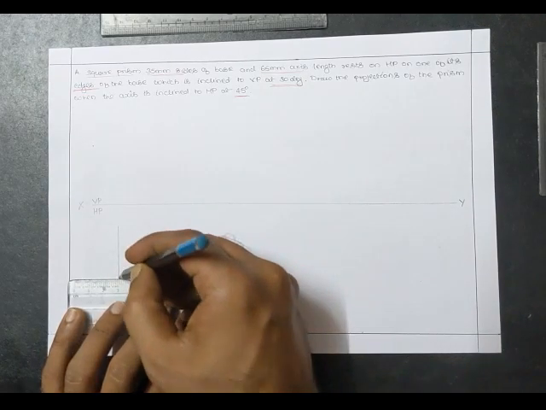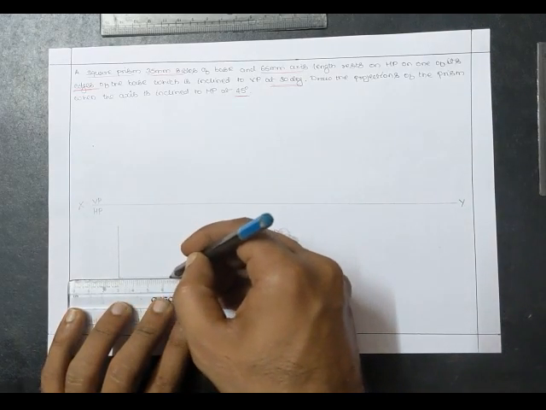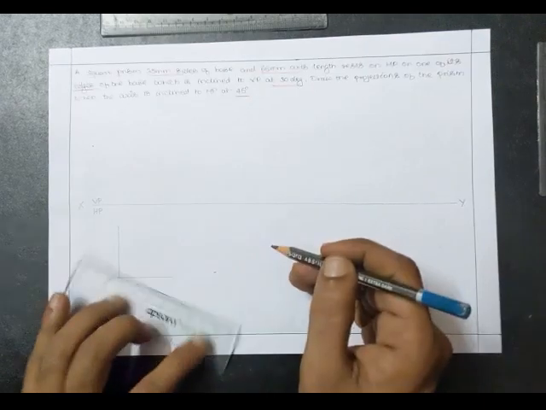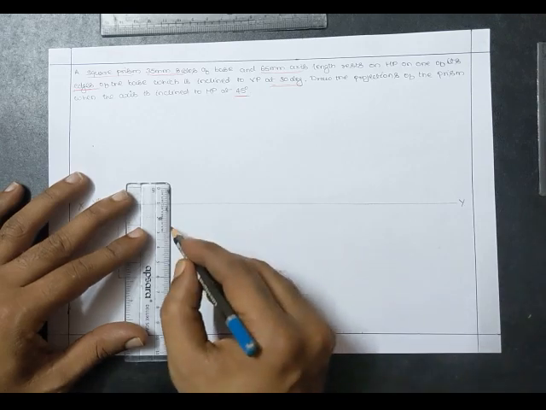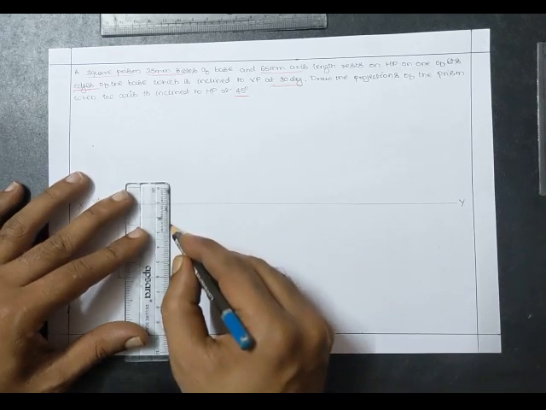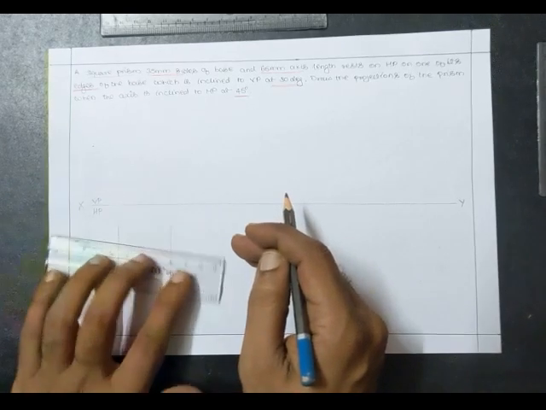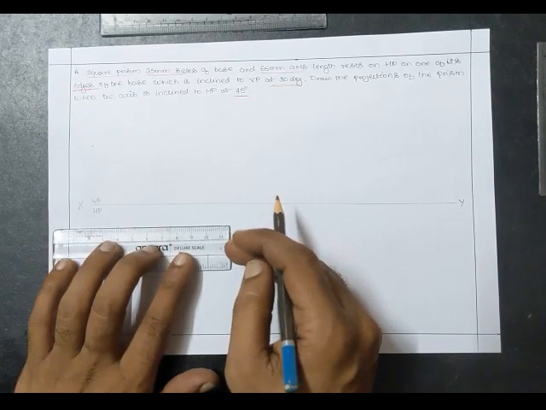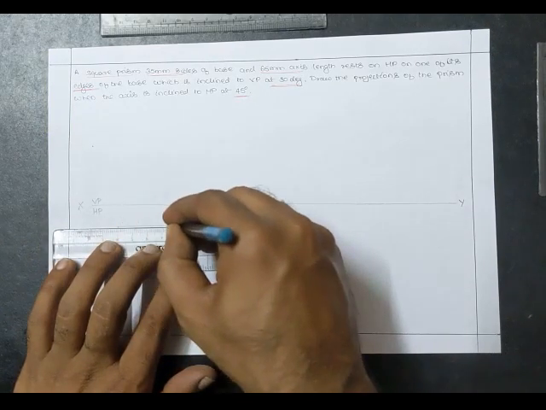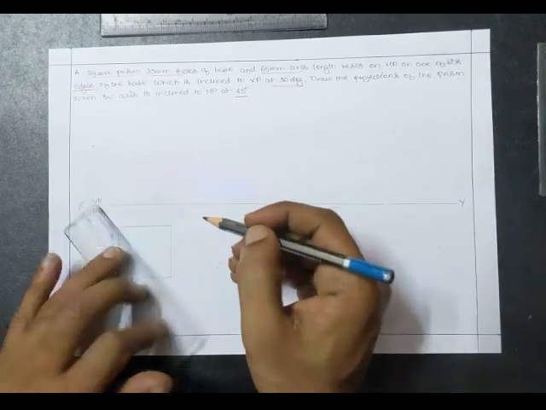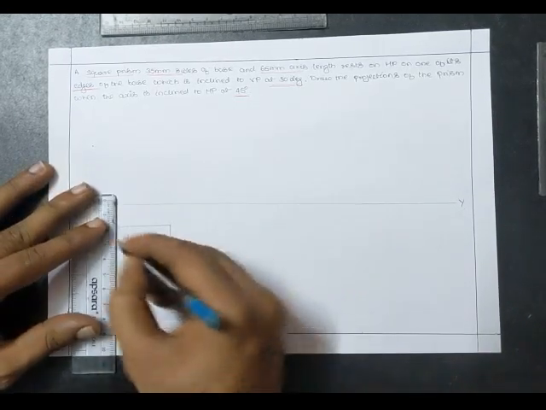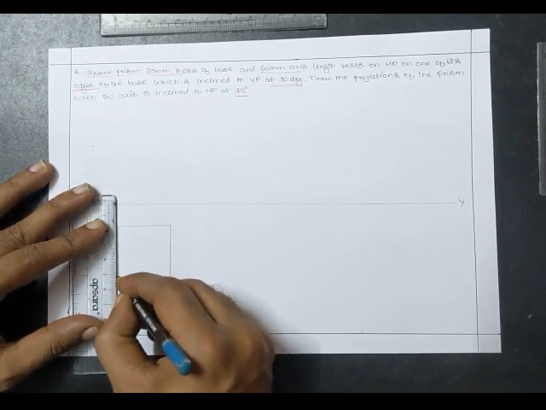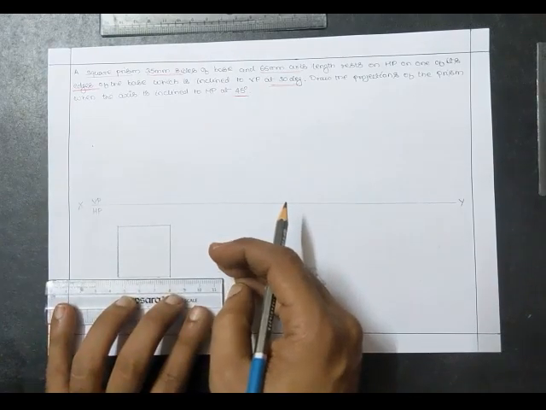Make sure that you construct a perfect square. Once you make sure that it is a perfect square, darken all the sides. All the sides of a square should be darkened.